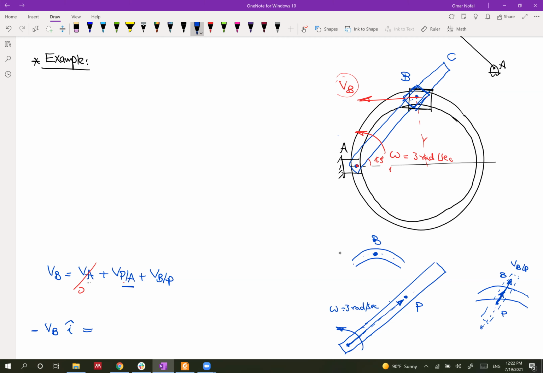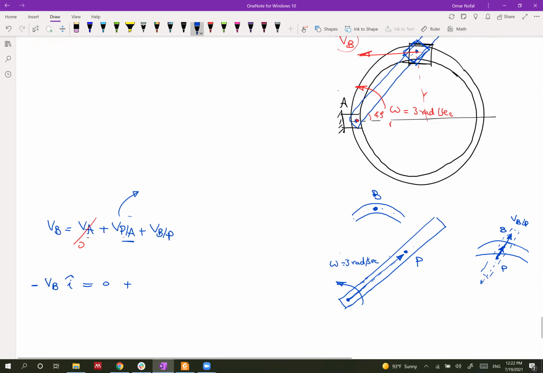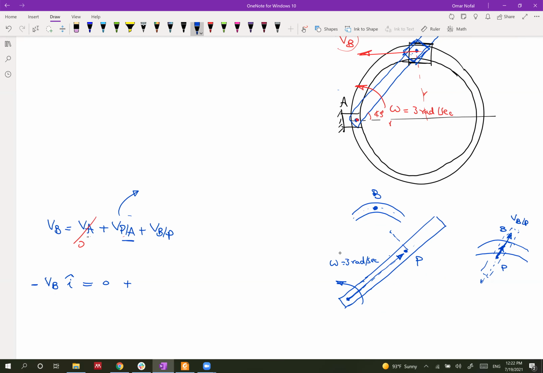And this should be equal to 0 plus VB with respect to A. And actually we can get this by the cross product of omega and RB with respect to A. So this will be omega crossed with RB with respect to A.